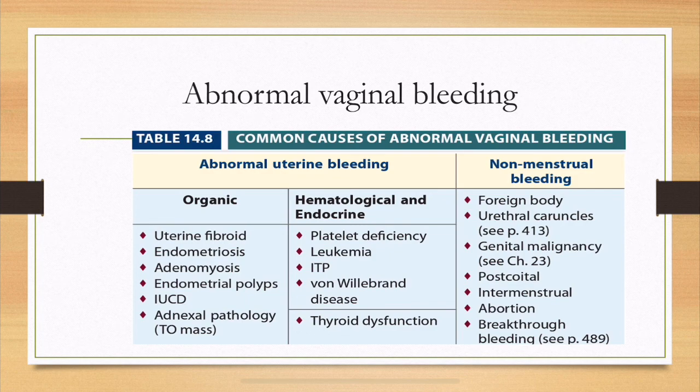With this, we come to an end of abnormal uterine bleeding. Then we come to abnormal vaginal bleeding, non-menstrual bleeding. Apart from the menses, when bleeding occurs from the vagina, this is non-menstrual bleeding.